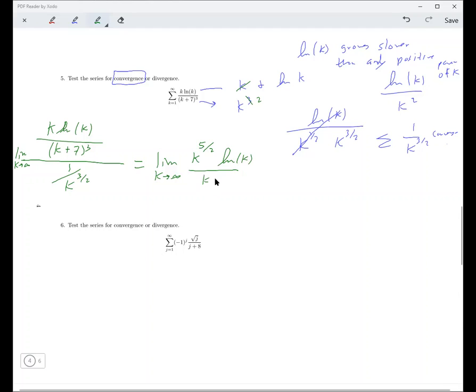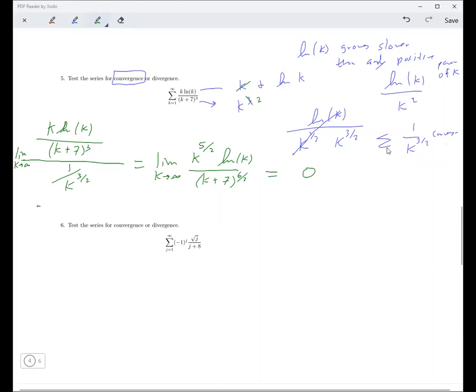Versus down here we have (k plus 7) to the 3rd. Now 3 is 6/2, right? So let's write 6/2. Okay, so we know that 6/2 is more than 5/2. So you basically have k to the 6/2 versus k to the 5/2, and this dominates. And then that extra half, like I said, dominates this part. So this limit's going to be 0.